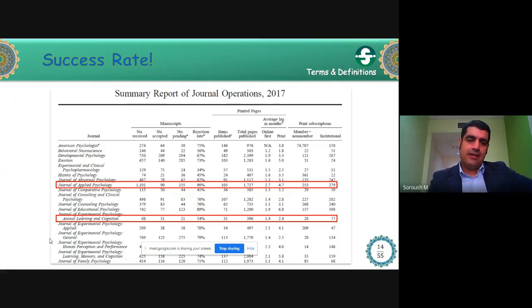As another example, we can see that the Journal of Applied Psychology has a very high rate of rejection. In the fourth column, I mean, 90% of papers will be rejected. And considering that they received approximately 1,100 papers, we can see how low the probability of success is nowadays.